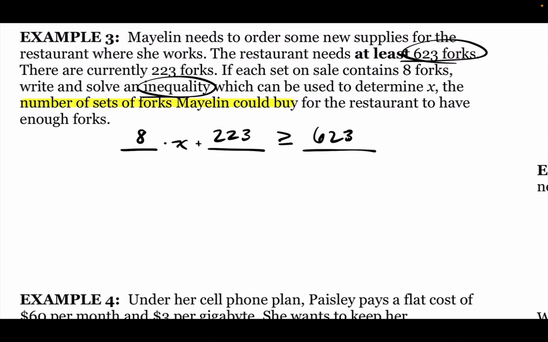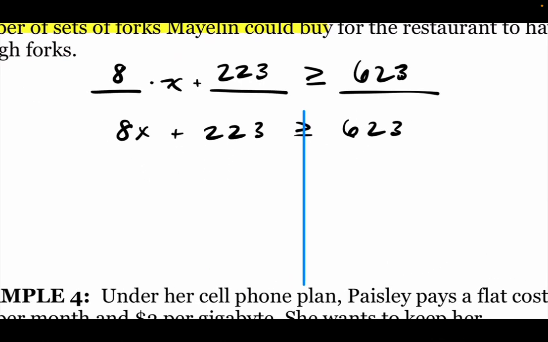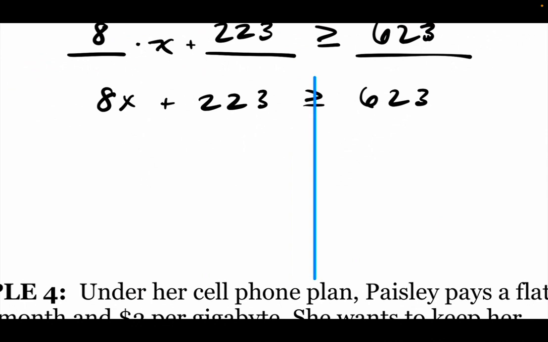Now let's solve it. So we have 8x plus 223 greater than or equal to 623. So how are we going to solve it differently than we did the last one? The answer is you're not going to do it any differently. You're going to do it the same way. Start at the bottom of PEMDAS because it still says solve, right? So addition, subtraction, we do have addition. Plus 223, right? So I'm going to subtract 223 from both sides.